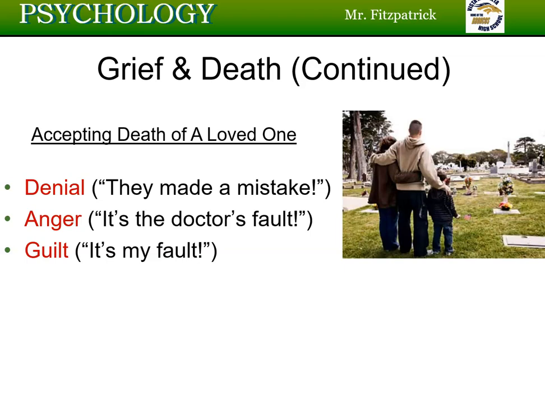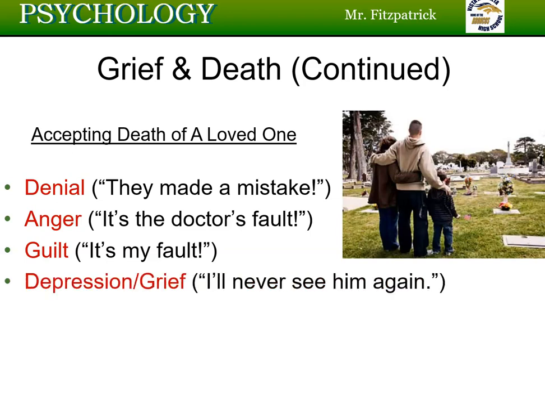There's the guilt that their death is somehow your fault, but there's also guilt that you didn't tell them you love them, or that you didn't take better care of them in these last days.